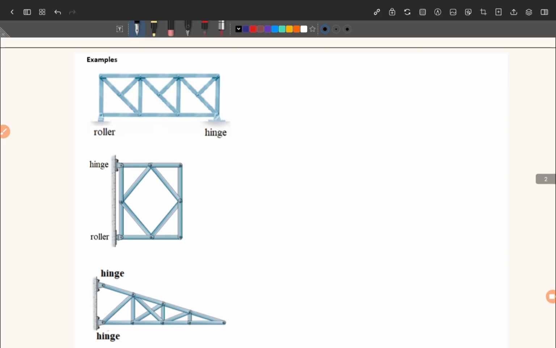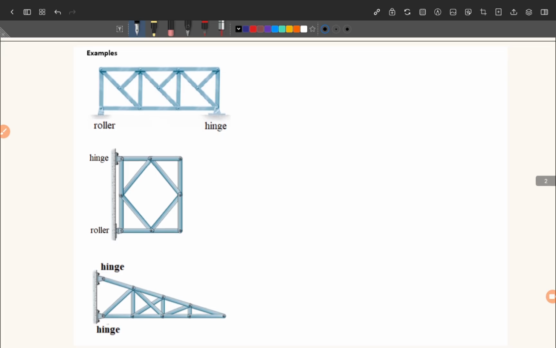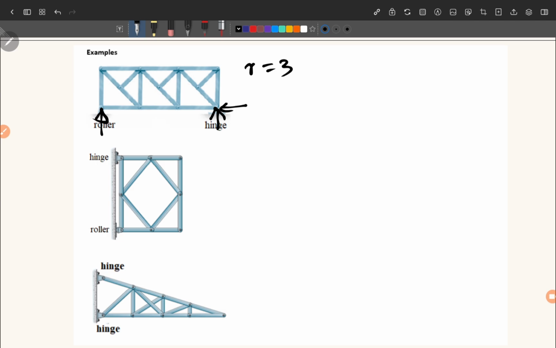If we look at this structure here, also we can look for the joints, number of bars, and the reactions. So hinge will give you how many reactions? Hinge will give you 2 reactions. Roller will give 1 reaction. So we can say that R is equal to 3. And these reactions are not parallel, these reactions are not concurrent.